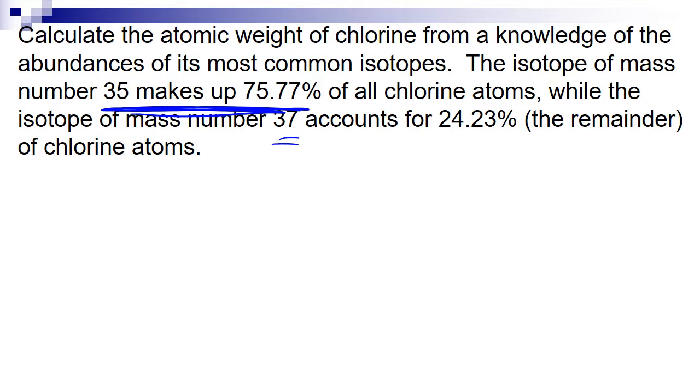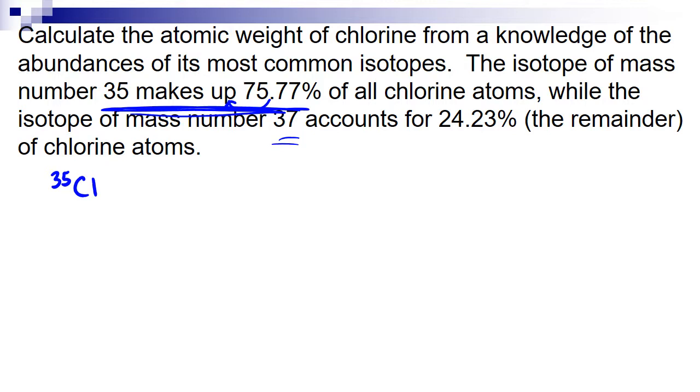All right, so here we go. We're going to say that the chlorine 35 makes up 75.77%. Okay, I'm going to teach a little trick. We're going to change this percent back to a decimal. From a percent back to a decimal, we divide by 100. We're going to move it over 2 decimal spots.